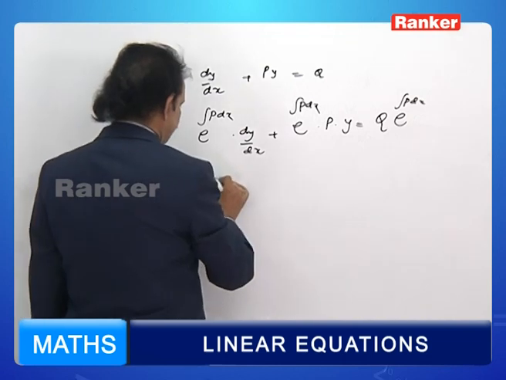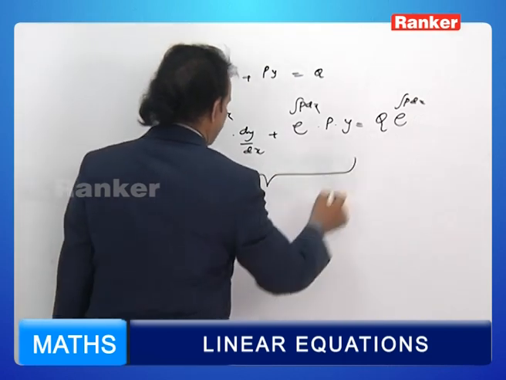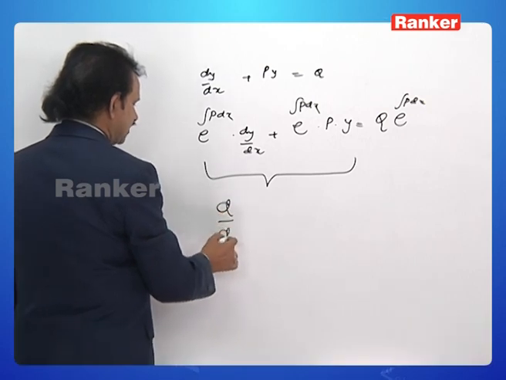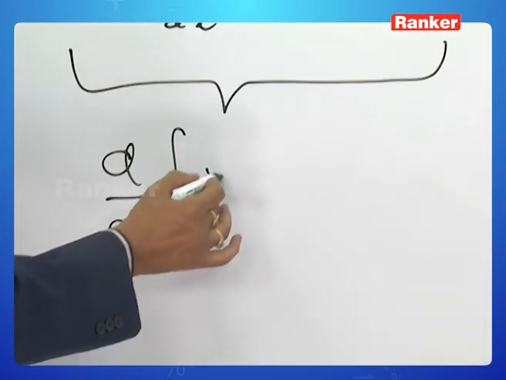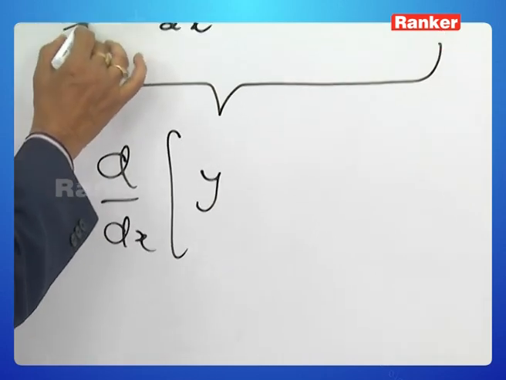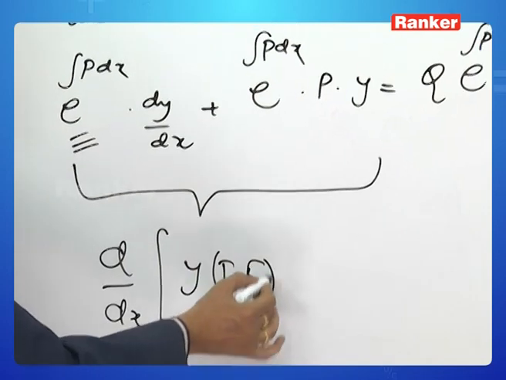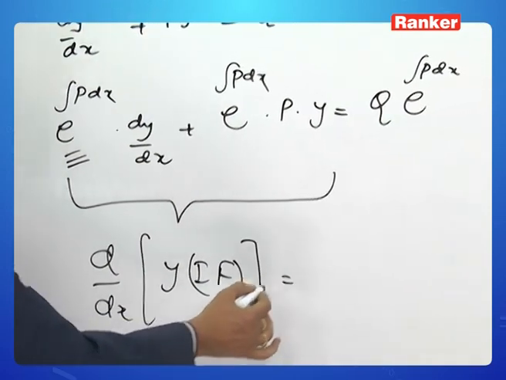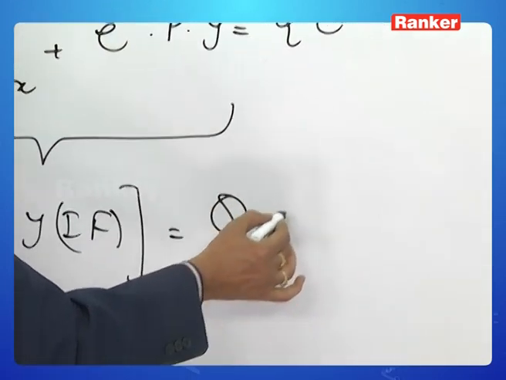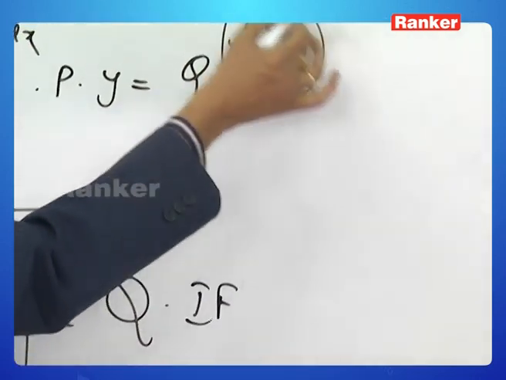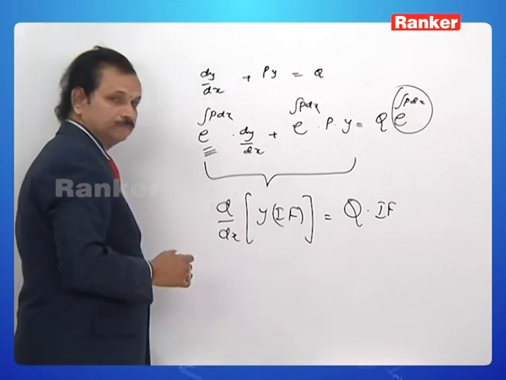Observe carefully. This part is nothing but d by dx of y into, let me call this IF, is equal to q into IF. What is IF? This part I am supposing to be IF.